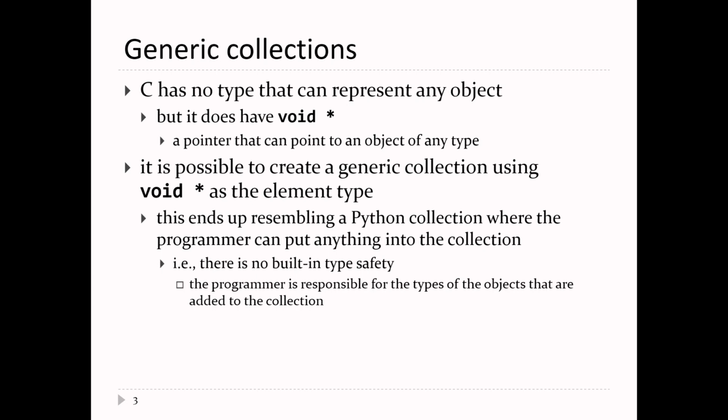For example, you can make a stack where you're supposed to be putting ints or pointers to ints onto the stack, but there's nothing stopping you from putting a pointer to a double onto that stack as well. So there's no type safety with this technique, but at least it solves the problem of duplicating your code over and over and over again. So like everything else in C, the programmer becomes responsible for the types of objects that are added to the collection.